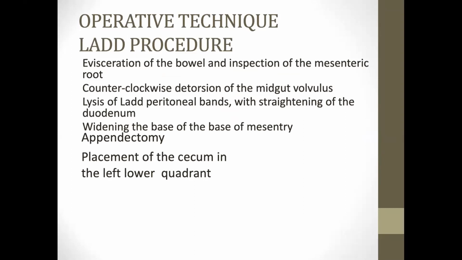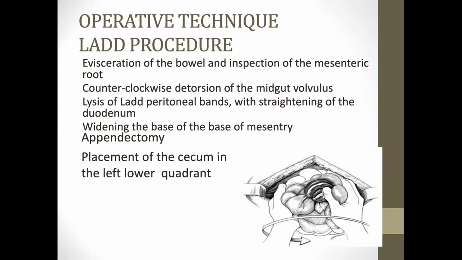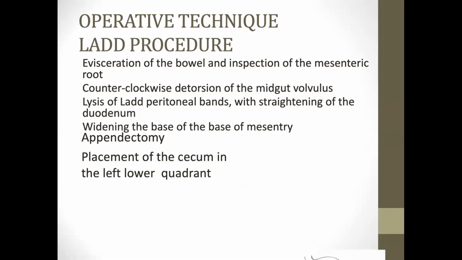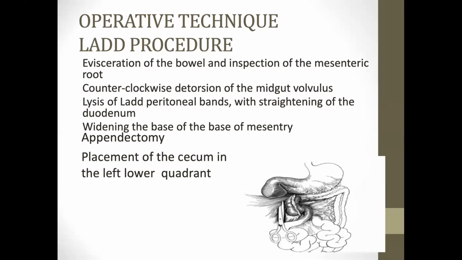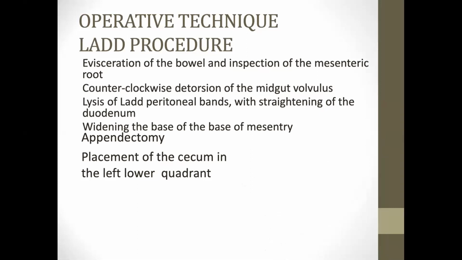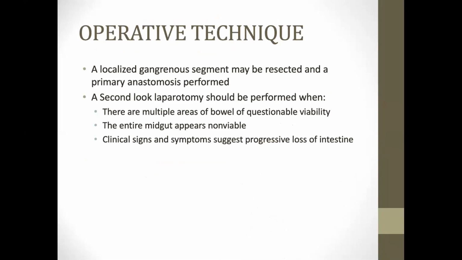Operative technique of the Ladd procedure: right upper transverse laparotomy, evisceration of bowel and inspection of the mesenteric root, counterclockwise detorsion of the midgut, lysis of peritoneal bands with straightening of the duodenum, widening of the base of the mesentery, appendectomy, then placement of the small bowel on the right side of the abdomen and the cecum in the left lower quadrant. A localized gangrenous segment may be resected and primary anastomosis performed.